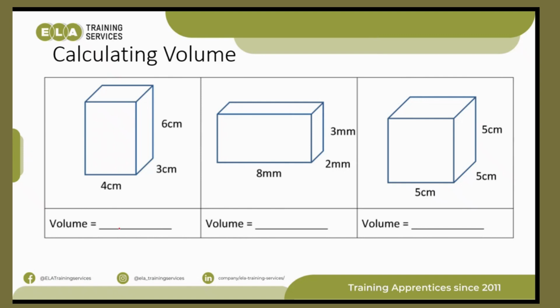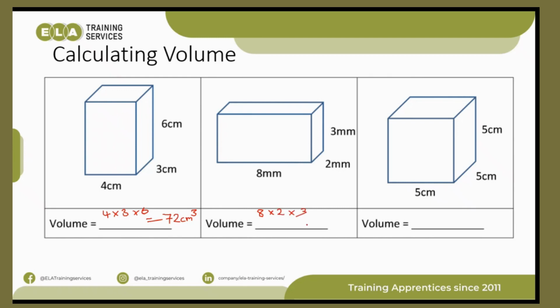Okay, let's have a look at some of these. So our volume would have done 4 times 3 times 6. 4 times 3 is 12, times by 6 would give us 72 centimetres cubed. Done. Then our next one, we would have done 8 times 2 times 3.